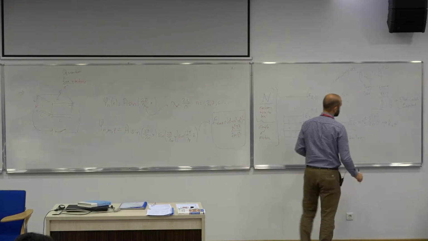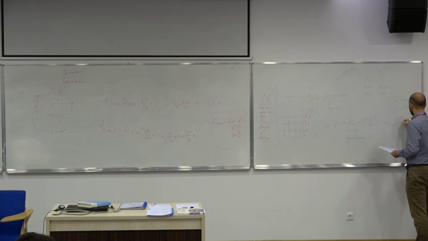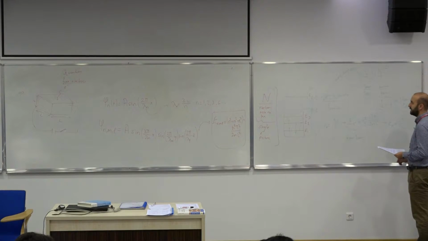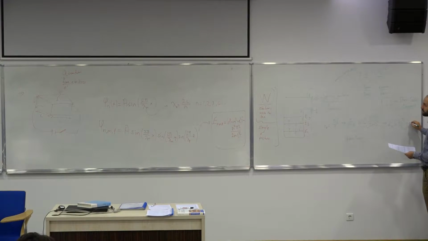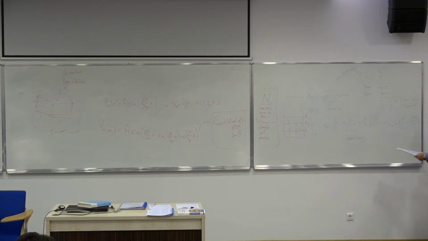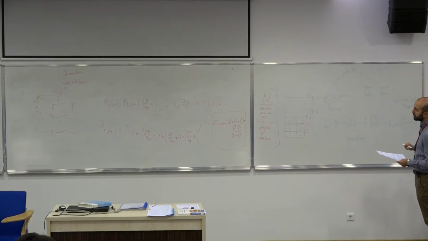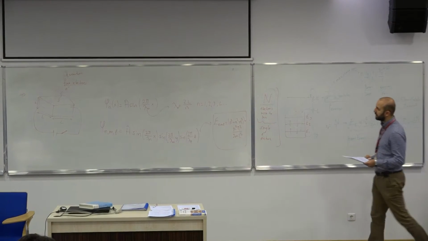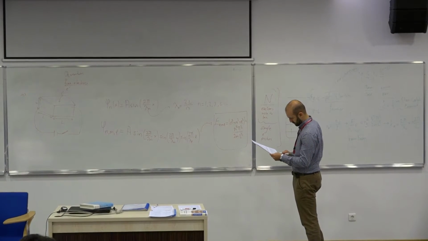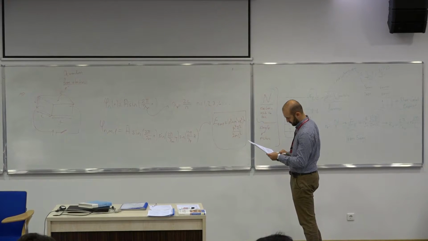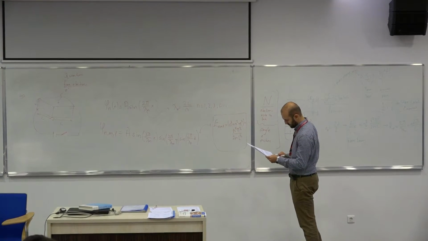So, my Kx needs to be 2 pi over lambda n, and you can see that this is going to be n divided by 2 pi over L. Well, it doesn't matter.